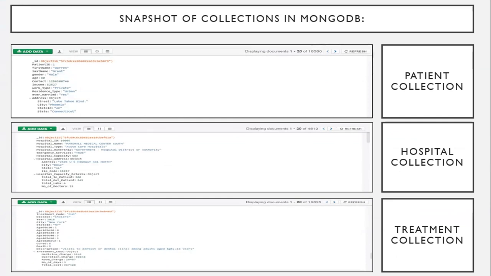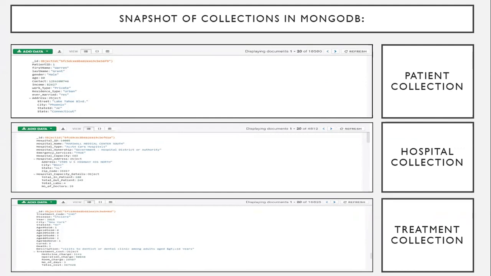Thank you, Lionel. So after importing the data, this is the embedded structure we have got. As you can see in the first collection, we have the patient ID, first name, last name, and all the other columns. The address column is embedded, like street, city, state ID, and state are embedded within address.